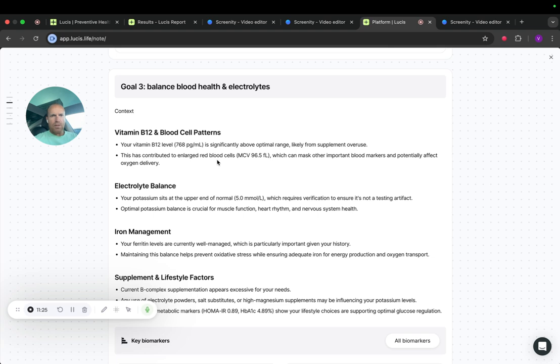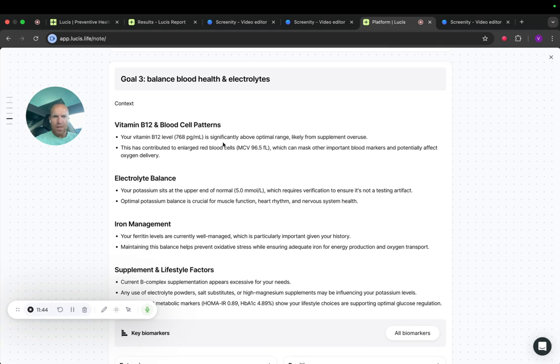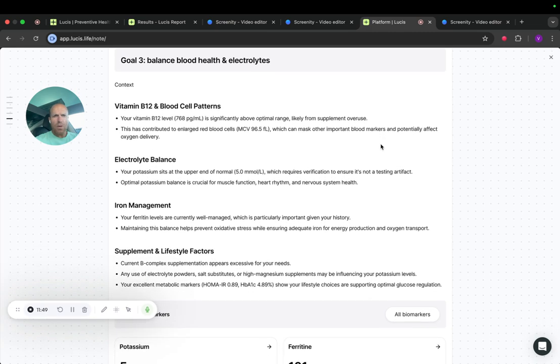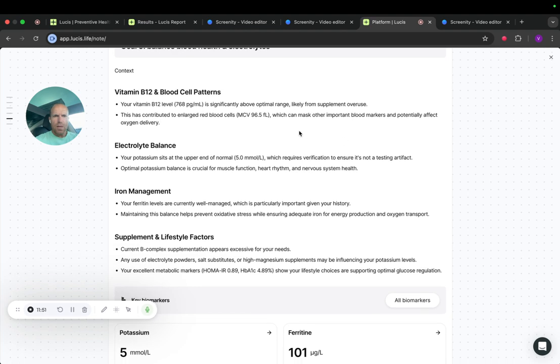So B12 is just highlighted as being a little bit high. It's consistently high for me. I'm not too worried about it. It doesn't need fat to be soluble, so any excess can be urinated out. And actually, I think 200 to 500 is a bit low in terms of a typical range.